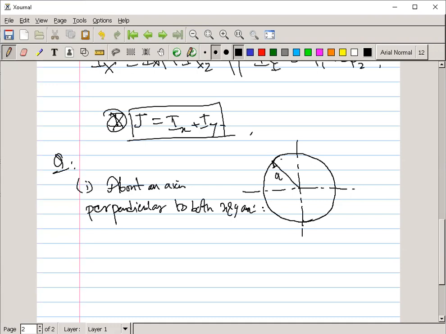Clear? So can anybody tell me which axis is perpendicular to both X and Y axis? In our coordinate system, which axis is perpendicular to these two?